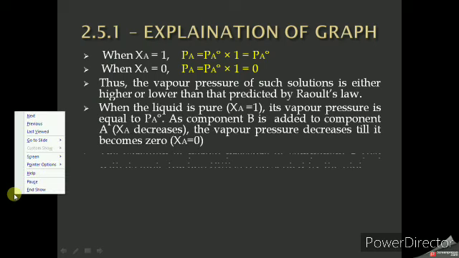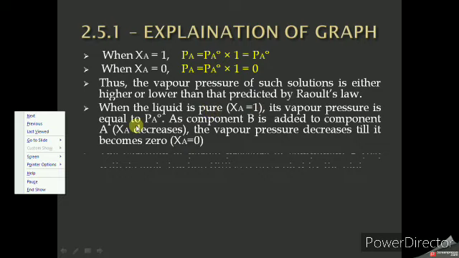When the liquid is pure, that is when the mole fraction of component A is equal to 1, then we say the liquid is pure and its vapor pressure is equal to PA0. As component B is added to component A, that means initially component A, which is a liquid, is pure, so mole fraction is 1.